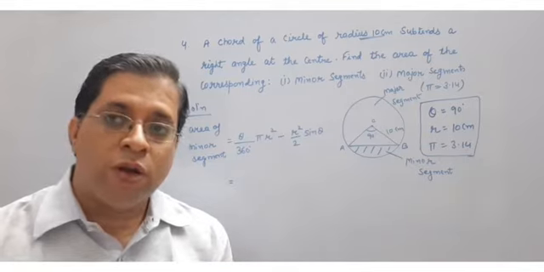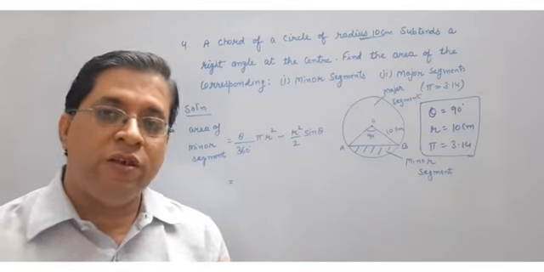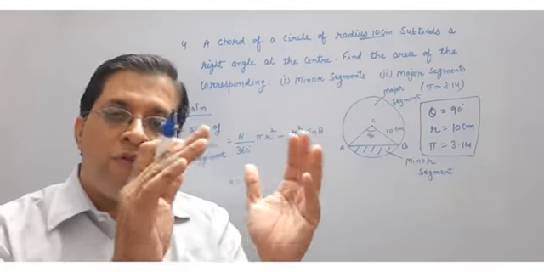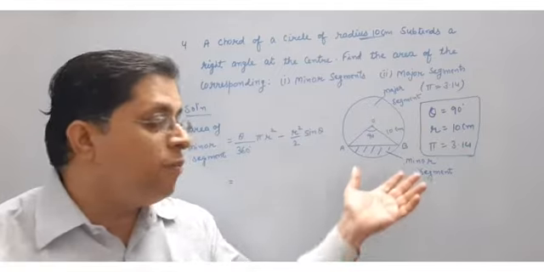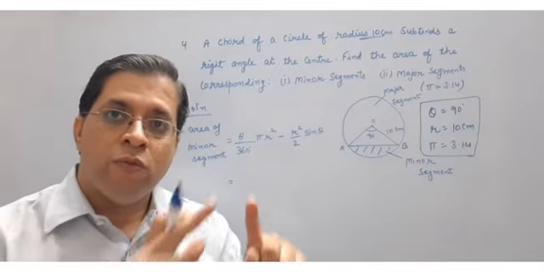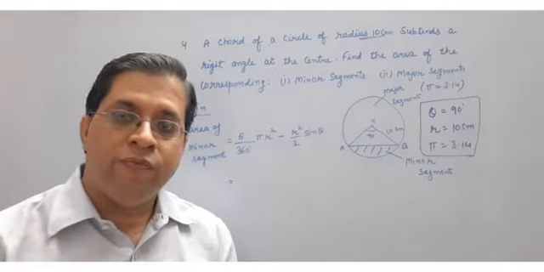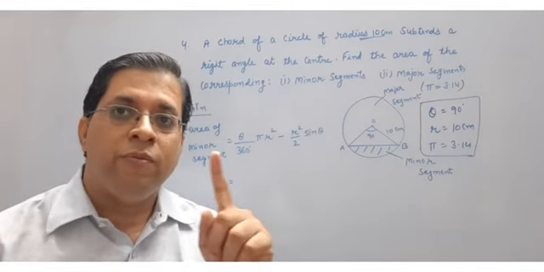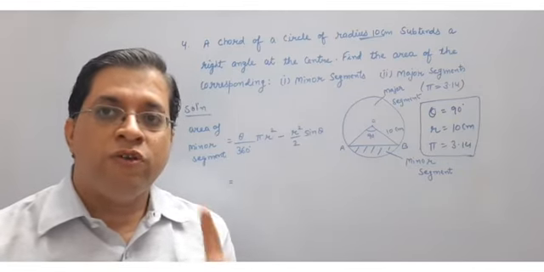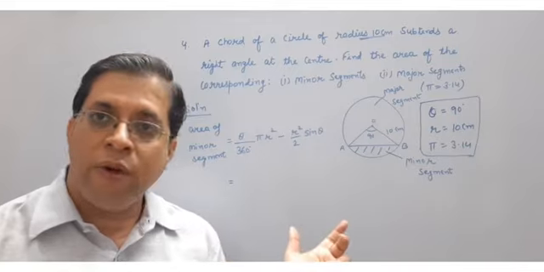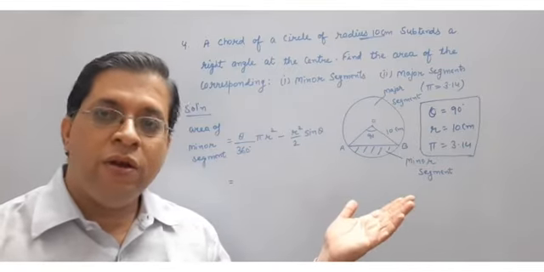What about the major segment? You have to subtract the area of minor segment from the total area of the circle. What is the area of circle? Pi r square. So first of all, we are going to find the area of minor segment, then the major segment.